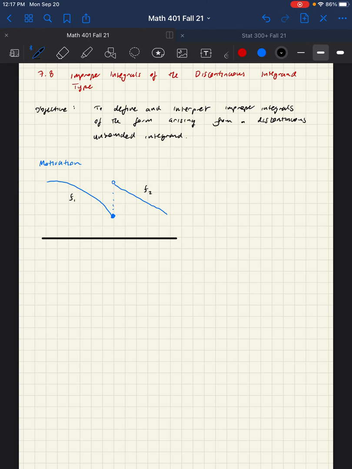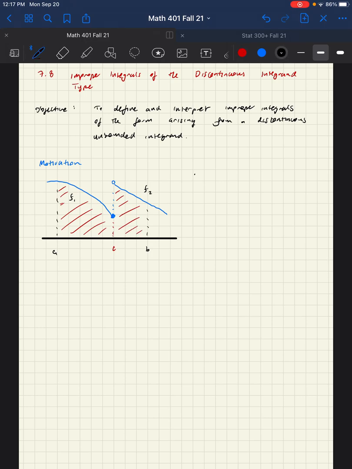So for instance, let's call this f of 1, f of 2. They're the same function, but we're defining it as a piecewise function. Then if we wanted to find the integral from a to b, we could split it up into two integrals, one for each part of the piecewise function.